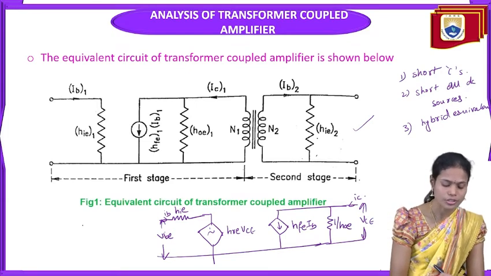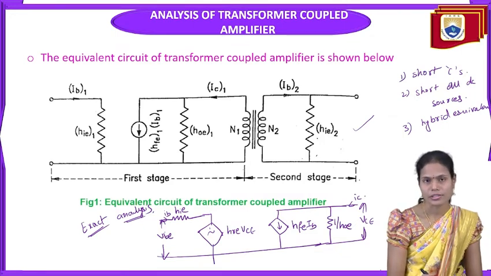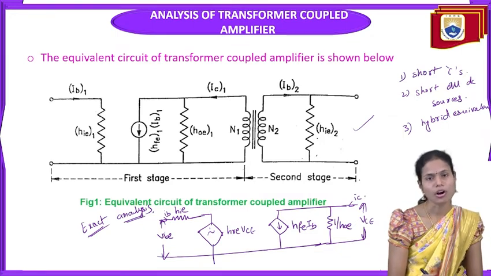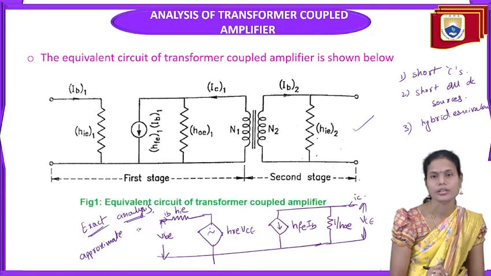So this is the hybrid equivalent circuit of the transistor by using the hybrid parameter model. This is the circuit for the exact analysis. But here we are not using the exact analysis. We are moving for the approximate analysis. So what is meant by approximate analysis here?